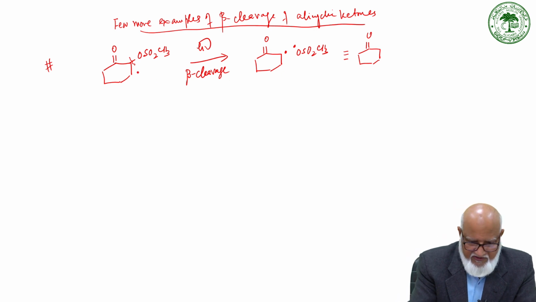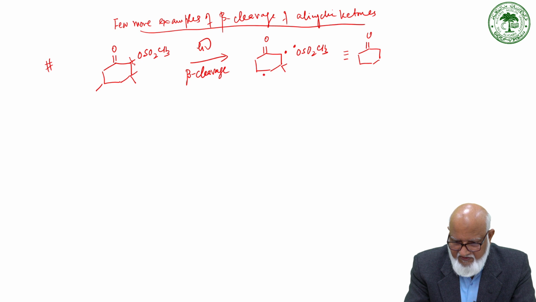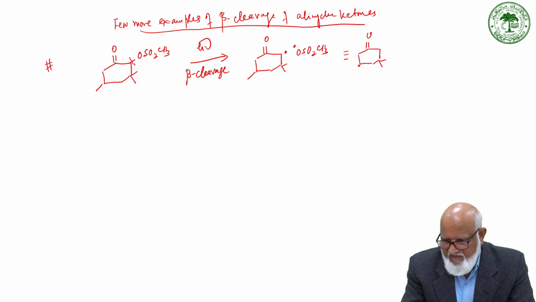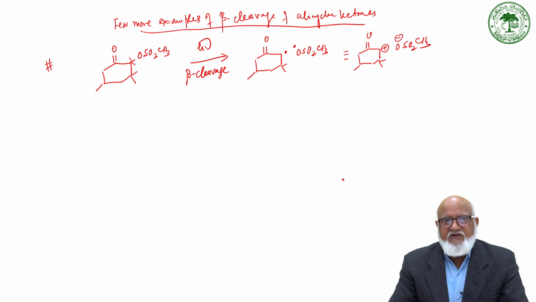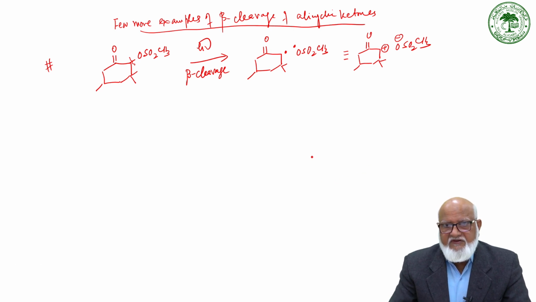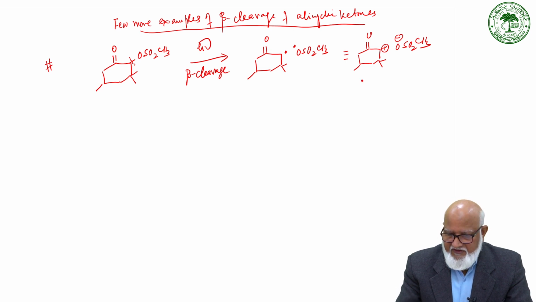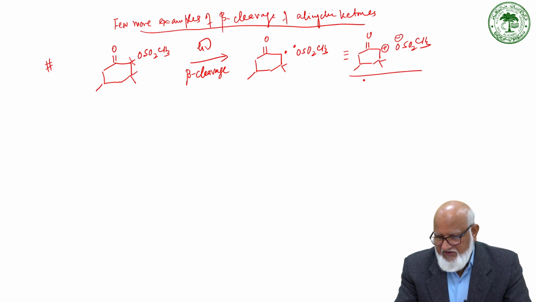Here is a dimethyl here, and another methyl here. Dimethyl here and methyl here. And then this may have a positive charge and O minus. So there is quite some evidence that the beta cleavage species may also exist as a dipolar species, a zwitterionic species.